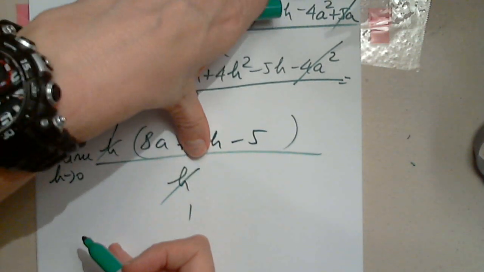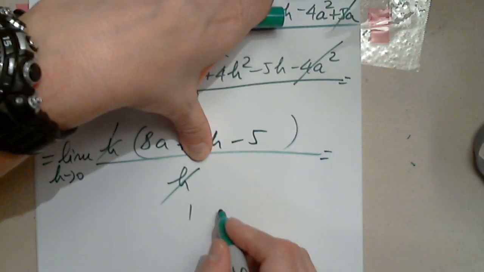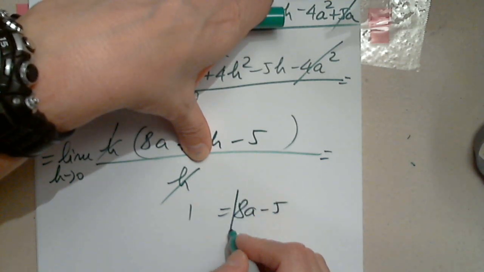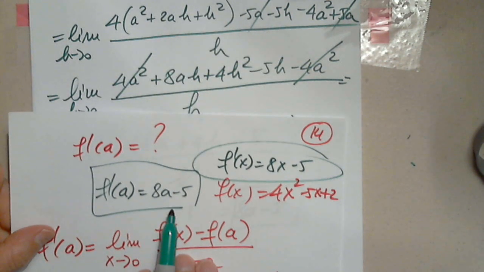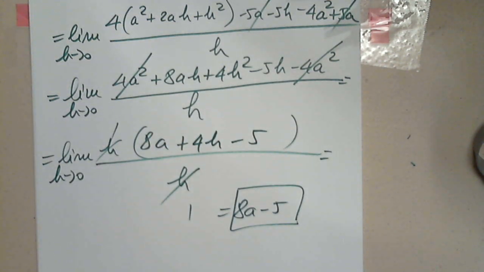And now when I apply the limit, of course, I get exactly as planned, 8a minus 5, as expected, of course.